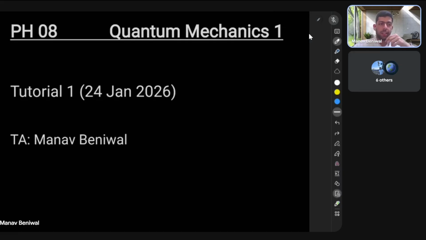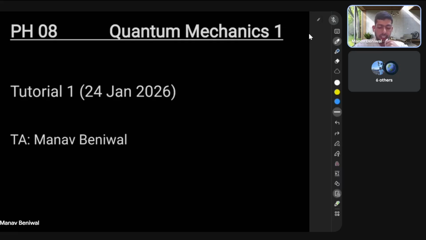So then we'll have vector spaces and operators, function spaces, some postulates of quantum mechanics, and then what is the difference between the Schrodinger and Heisenberg pictures. And then later on we'll look at the hydrogen atom, angular momentum, identical particles, and quantum computing.